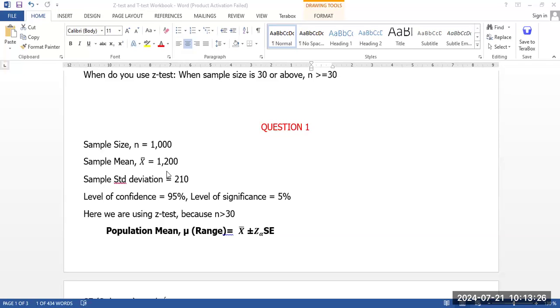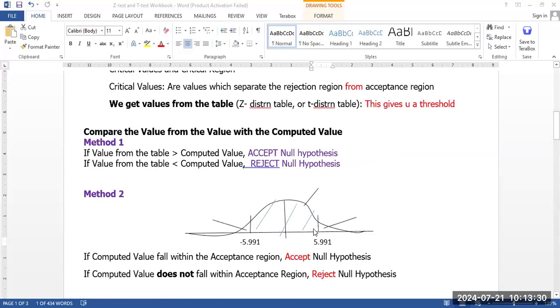So you cannot say let me only put my critical value here.